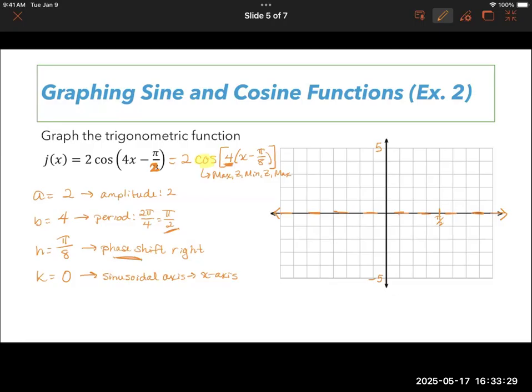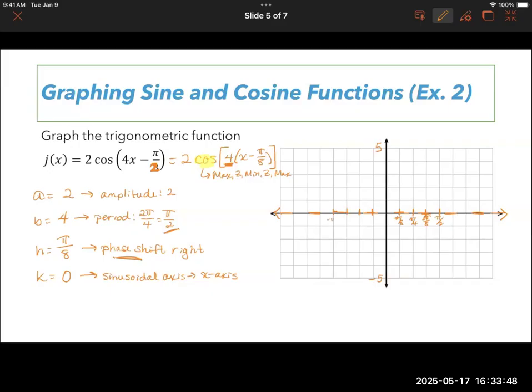So I'm just going to go 4 units out this time, but I do the same thing halfway, which will be pi over 4. Half of that is going to be pi over 8. And then in between here will be 3 pi over 8. And I'll do that in the negative direction as well.